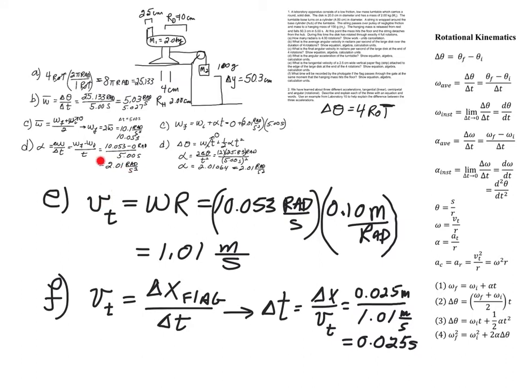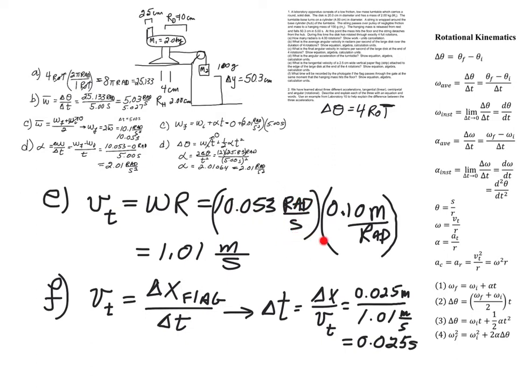So since we have omega final, where is it? There it is. We can get the tangential velocity at the end just by multiplying omega times r. That's this equation here. And so the omega final, the omega at the end, is the 10.053. Notice I use the whole thing.